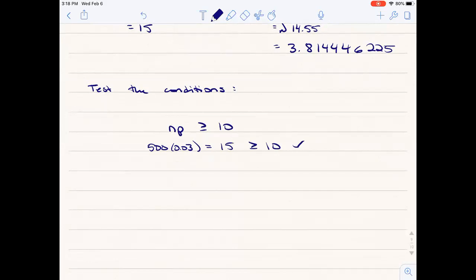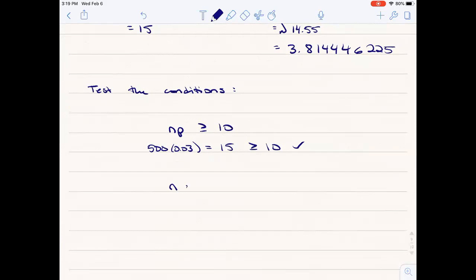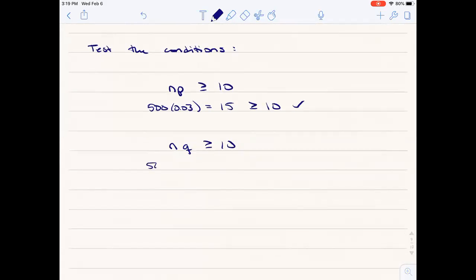You have to expect to see at least 10 defective processors in order to use the normal distribution, but also n times q has to be greater than or equal to 10. So 500 times 0.97 is going to be 500 minus 15, which is 485, which is, of course, greater than or equal to 10. So that's how you check those conditions.